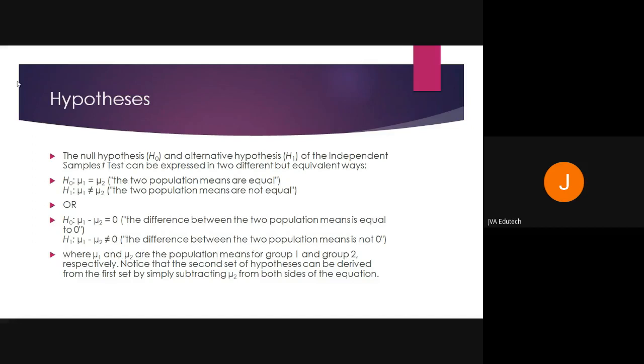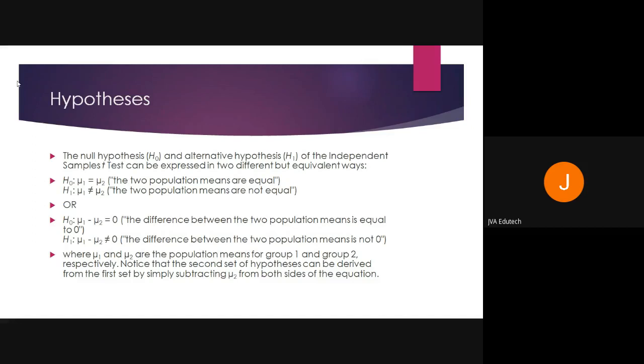And the alternate hypothesis is that the two population means are not equal, or mu1 is not equal to mu2, which translates to the mean of the population of group 1 having some significant difference from the mean of the population of group 2.